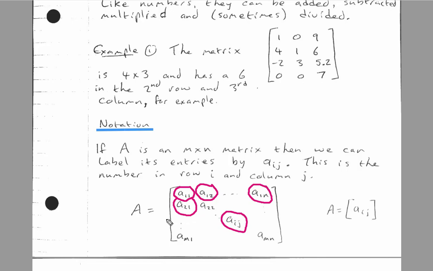And this guy's in the ith row, jth column. M rows, so bottom left is A sub m1, and bottom right is A sub mn.